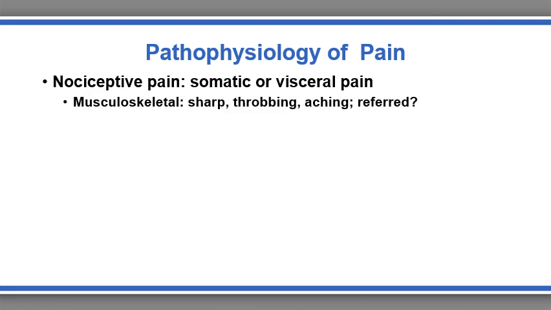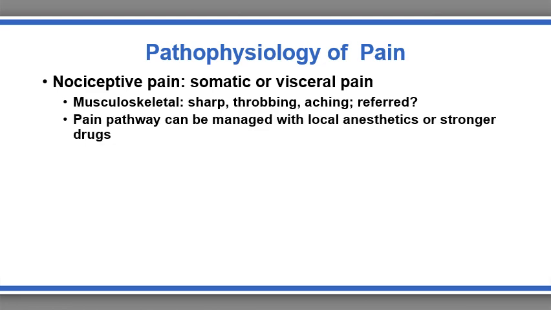If we're looking at musculoskeletal, typically you're looking at what is classically defined when you have a musculoskeletal injury: sharp, throbbing, possibly aching, maybe even referred pain. We talk about what referred pain is, in other words, when someone is experiencing pain at a site distant from the injury.